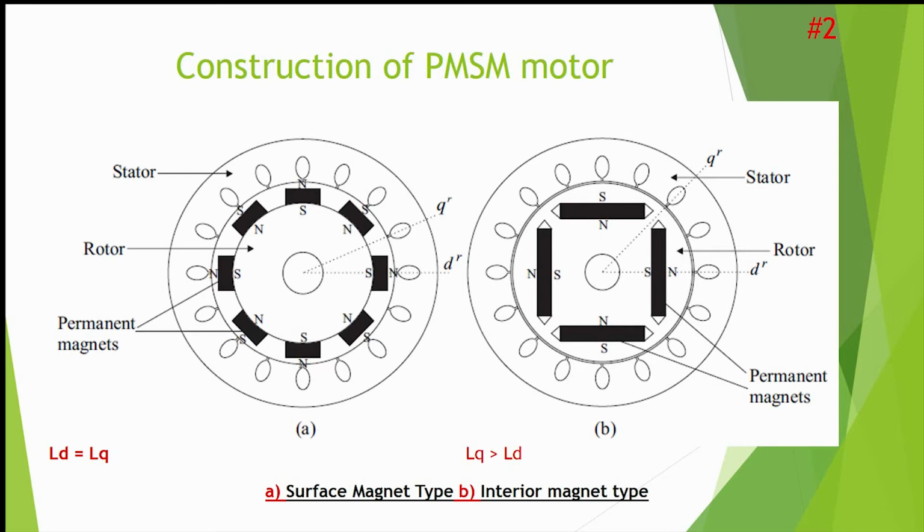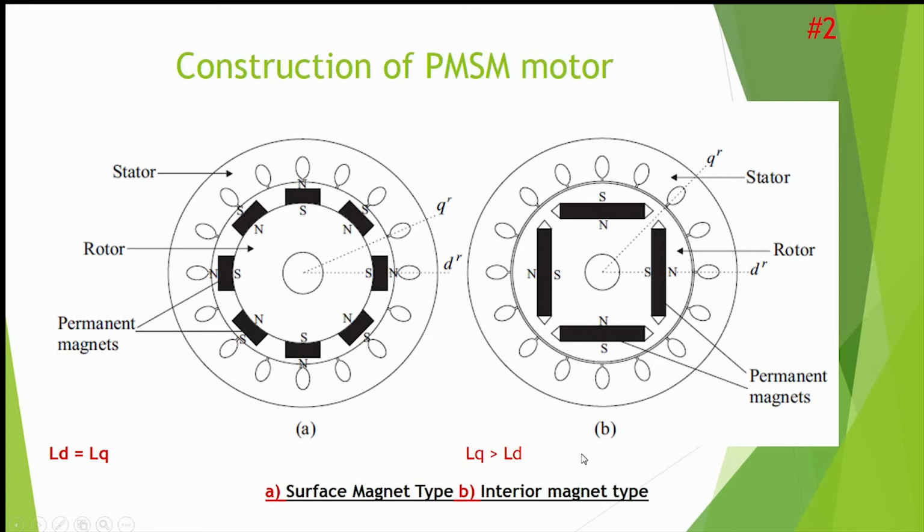Let me tell you one thing: the permeability of the magnet is the same as that of air. So for the D axis and Q axis, the effective air gap is the same, and the inductance will be the same for both of them.